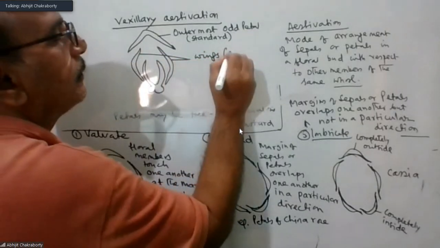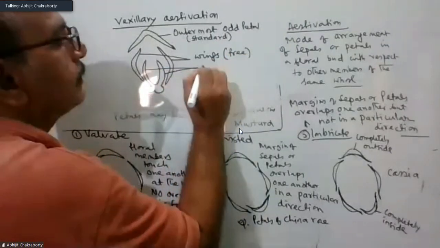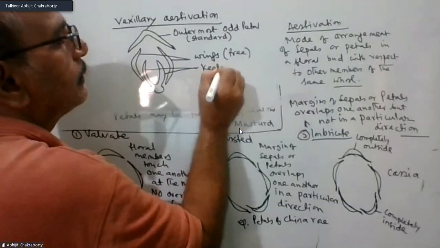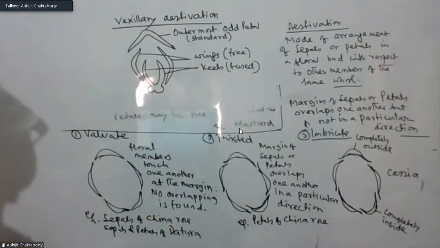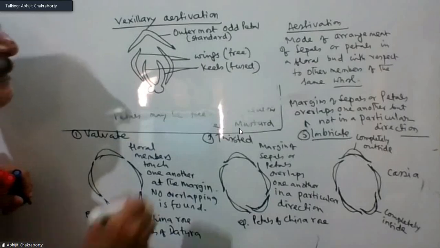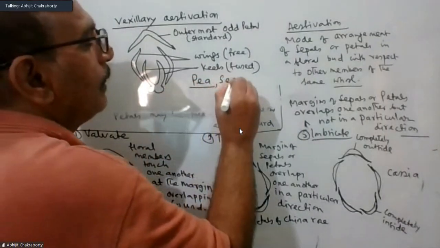They are free. The innermost two petals are called the keels. They are fused. And this type of estivation is called vexillary estivation, found in Sesbania.